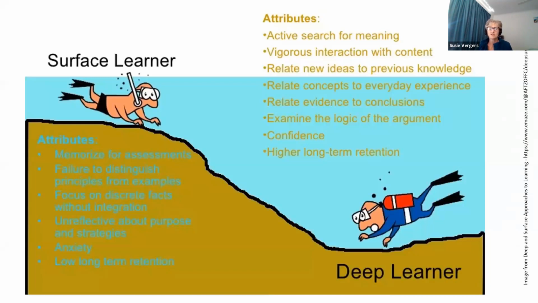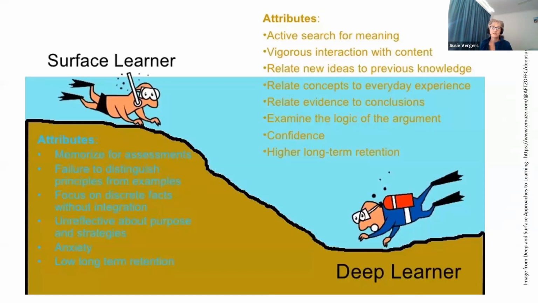One of the key distinctions with the deep versus the surface approach is the intention behind the activity. So if there's an intention to understand and create meaning from what is being learned, then that will be deep learning. If there's just an intention to reproduce, then that's going to be a surface approach. So whether or not something is a deep or a surface approach can depend on the intention.